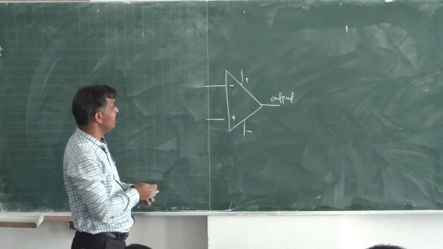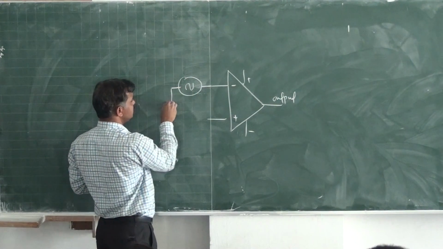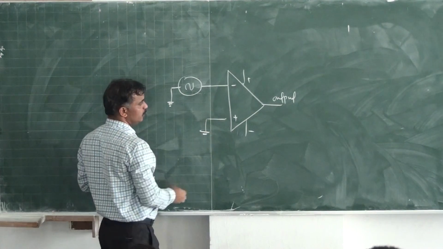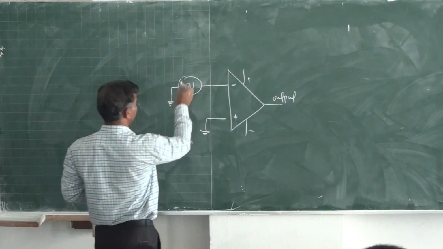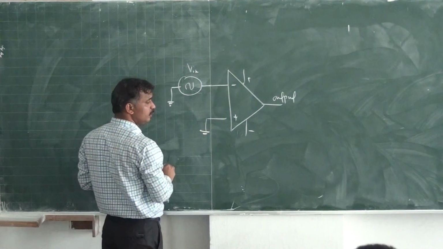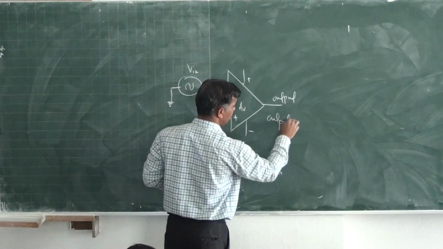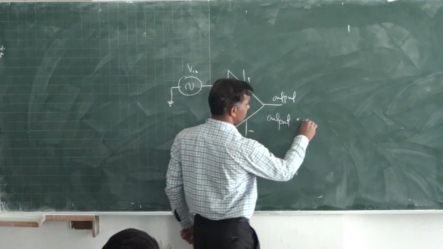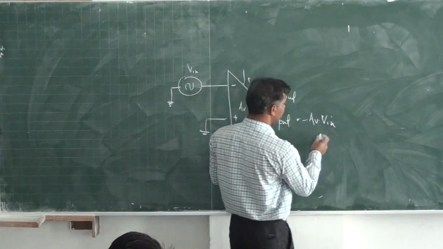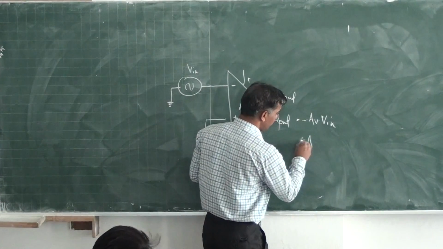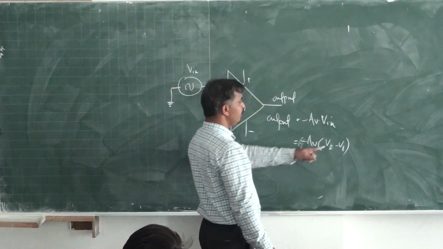But here, let's say you have connected the input here, and this is grounded. Still these are in open loop condition. If you apply Vin here and you are taking the output, and AV is the gain of this amplifier, then output will be minus AV into Vin. Actually, it will be AV into V2 minus V1, where V1 is equal to Vin.